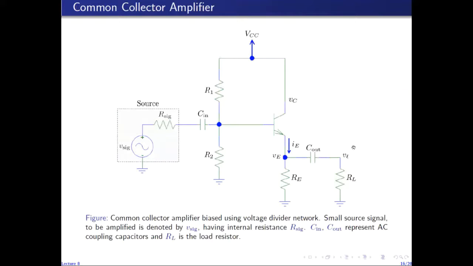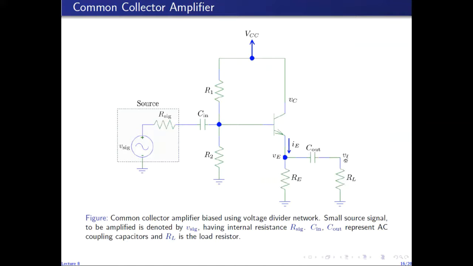As VL swings in the negative direction, small VE swings in the negative direction, which decreases VE, because small VE becomes negative and increases in the negative direction, which when added to the DC component of the emitter voltage, decreases the overall VE. So VE decreases, which decreases the current through RE. So the current through RE, which we will represent as I subscript RE, decreases because VE decreases.